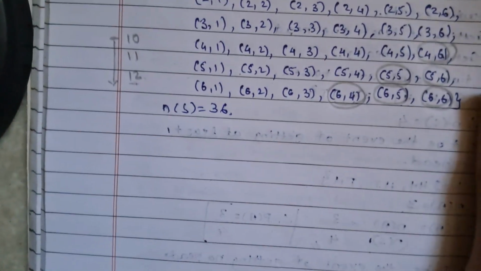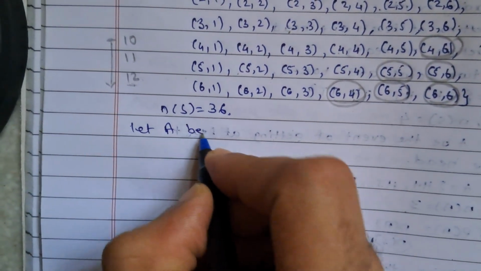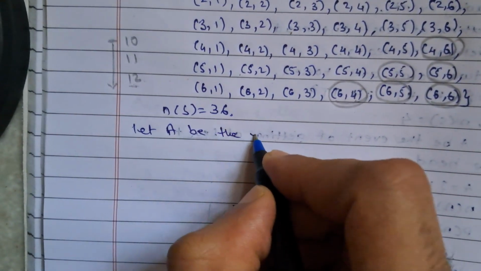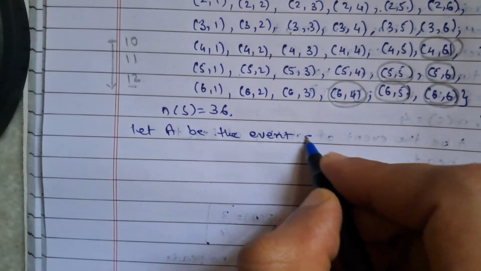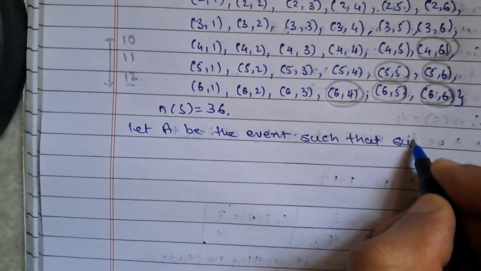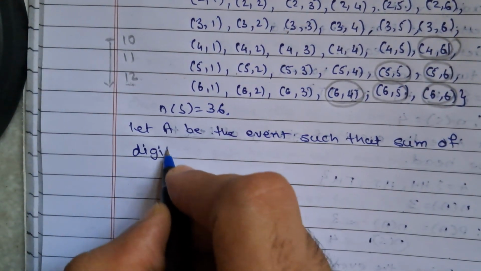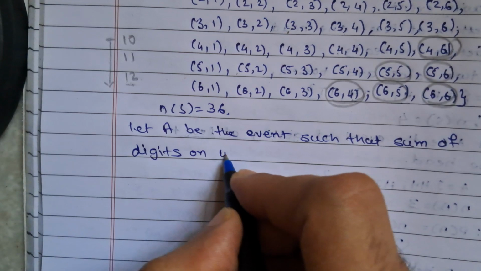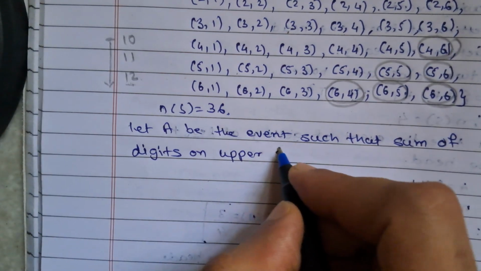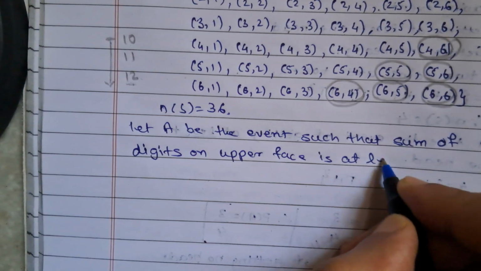So let me say like this: let A be the event such that the sum of digits on upper face is at least 10.